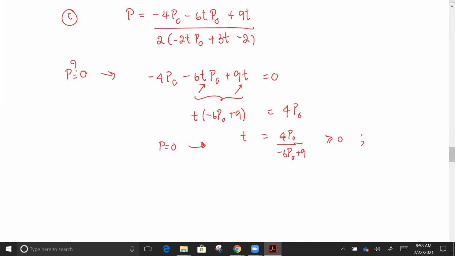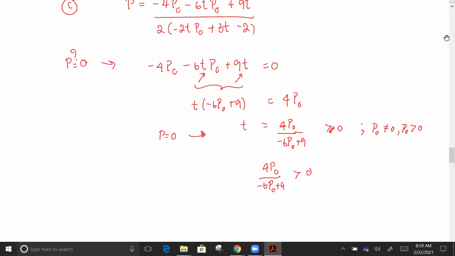And since p subscript 0 has to be some initial population, p is not 0, and at the same time p subscript 0 is greater than 0. Okay, that means we just ignore the equal symbol here. So we're gonna look at the inequality 4p0 over negative 6p0 plus 9 greater than 0.